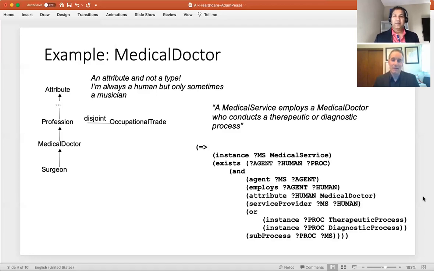If we can move on to the next slide, there we go. Obviously I'm not going to expect everybody to be able to read all this, but just to get very concrete, here is how we express this notion that a medical service employs a medical doctor, conducts a therapeutic or diagnostic process. And unlike the English definition on top, the code below is something that a computer can understand at a certain level.